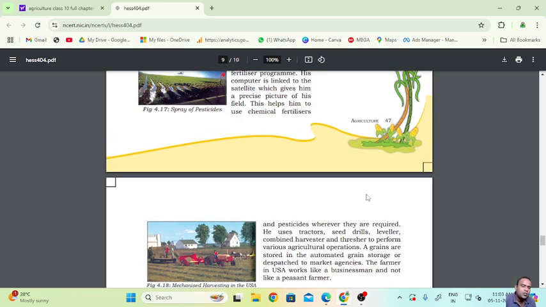So obviously Mr. Joe Horan uses all the modern technologies to increase agricultural production. And he has more land than Munna Lal, so his production will be more. So this is the difference between an agriculturally developing country and an agriculturally developed country.